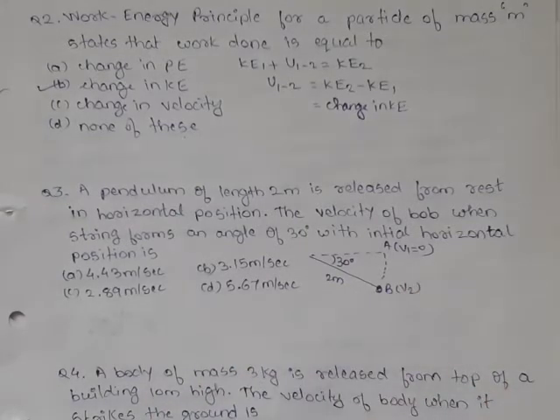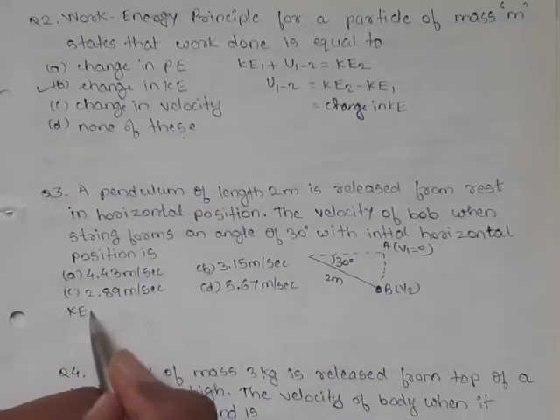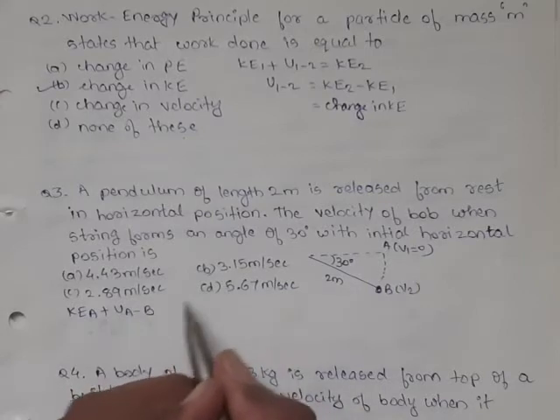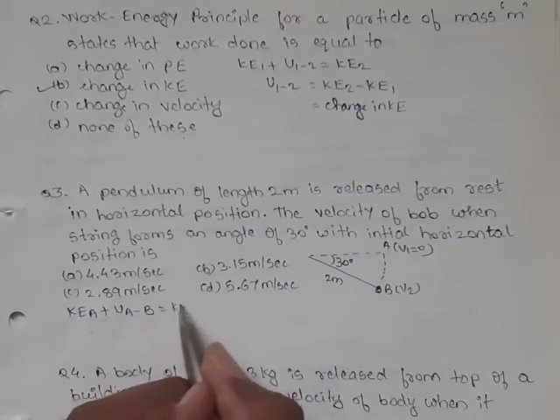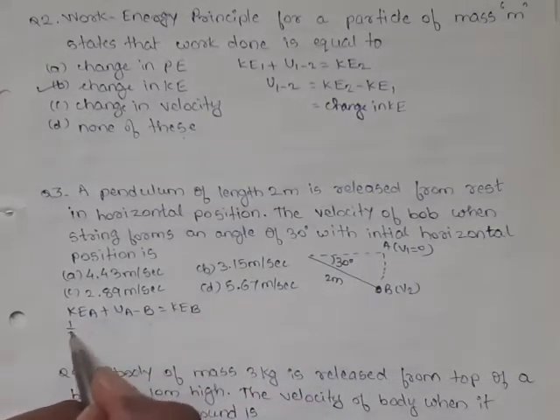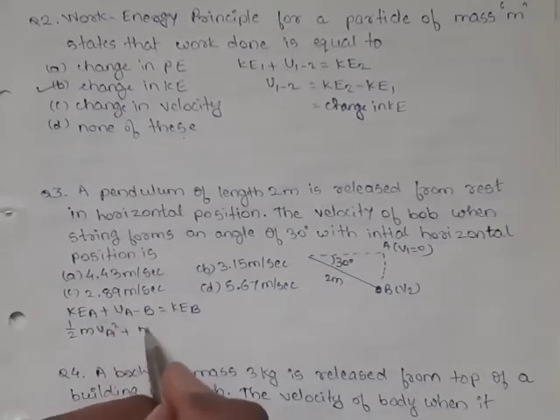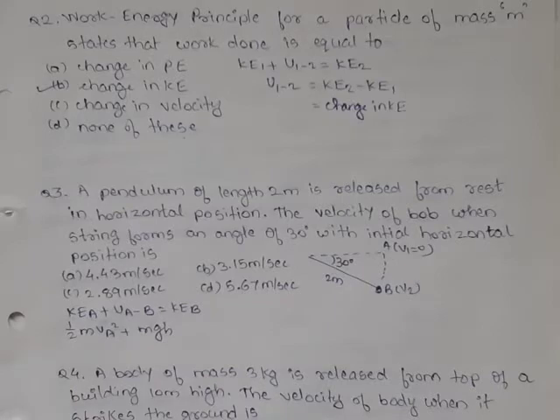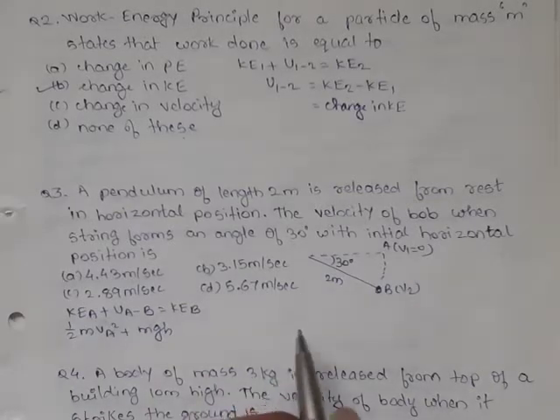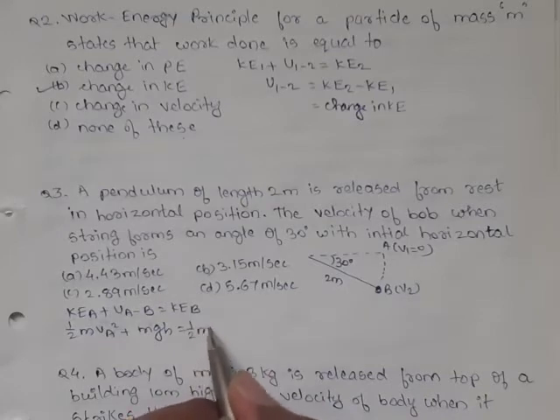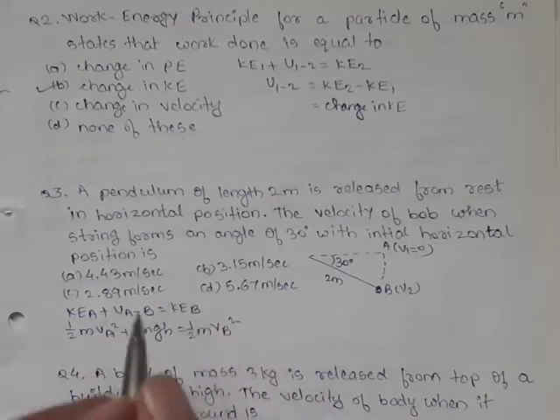V2 is asked. By the work energy principle, KE at A plus work done to move the particle from A to B is equal to KE at B. That is, 1 half m VA square plus mgh, where work done from A to B is mgh, equals 1 half m VB square.